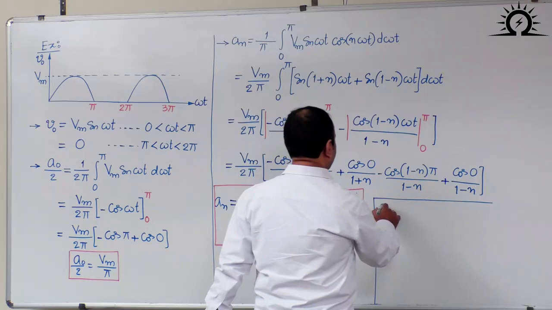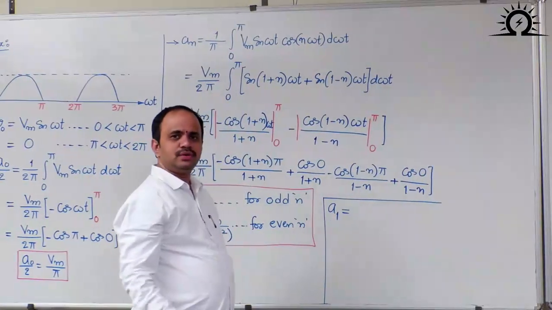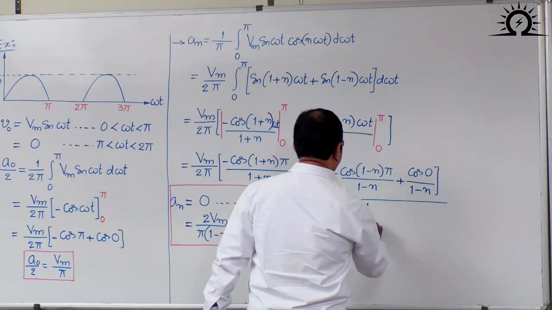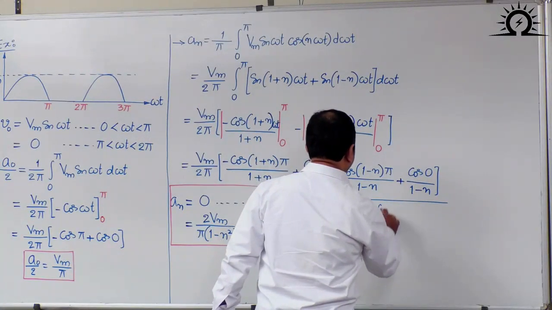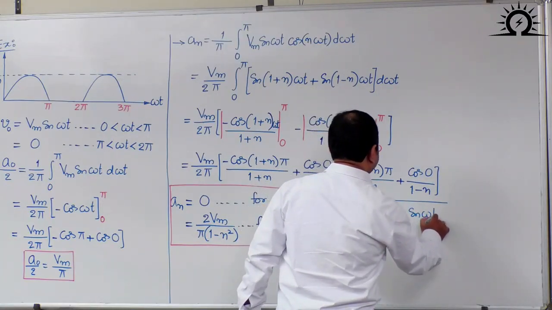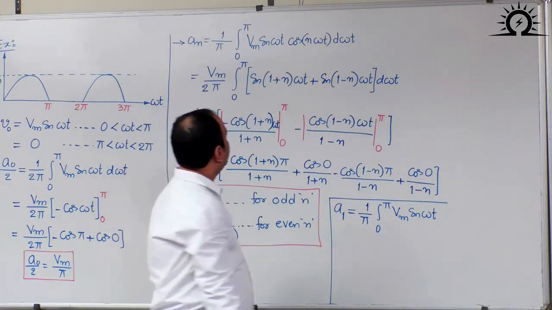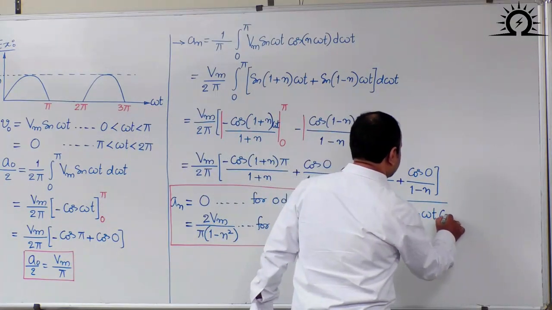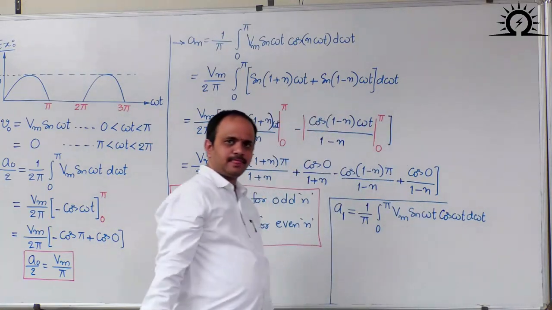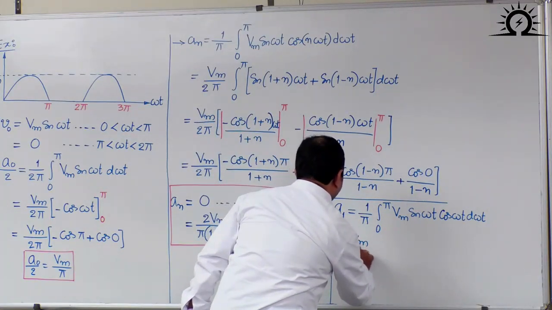What you have to do? You should calculate the a1 value separately. That is 1 by pi integral 0 to pi of Vm sin omega t, the original function, multiplied with cos omega t d omega t. So how to simplify this?